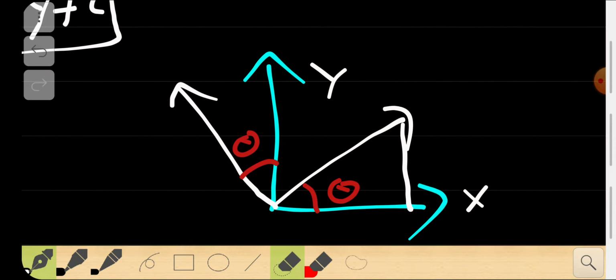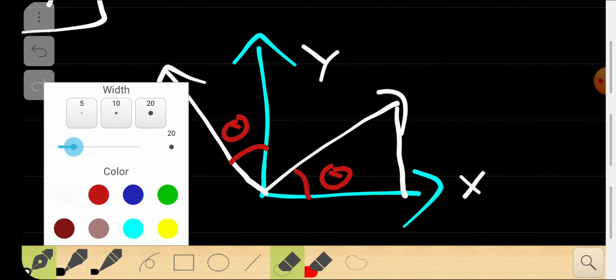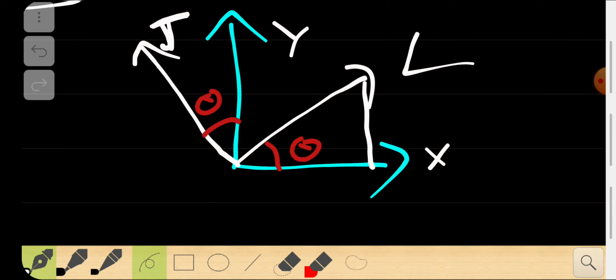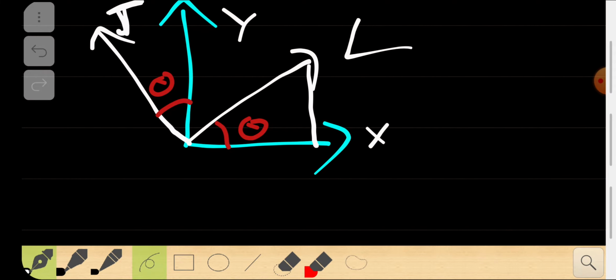I'm going to rename them as l and j. So l has components lx, which is the x intercept of l, and ly, which is the y intercept.